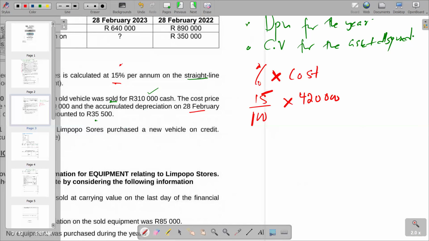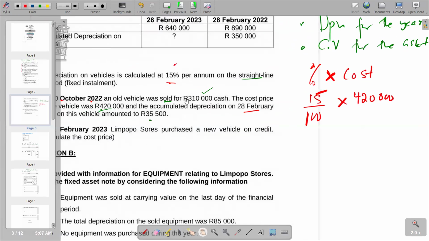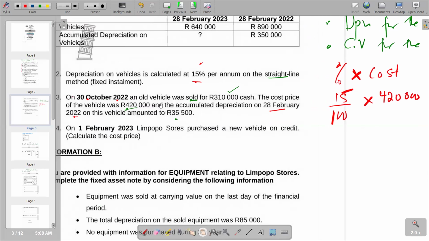But this vehicle was not there for the whole year. Remember, this 15% is per annum, per year, but this vehicle was disposed on 3rd October 2022. So we need to count how many months it was in business before it was disposed for the current financial year. Our previous financial year ended at the end of February, remember.